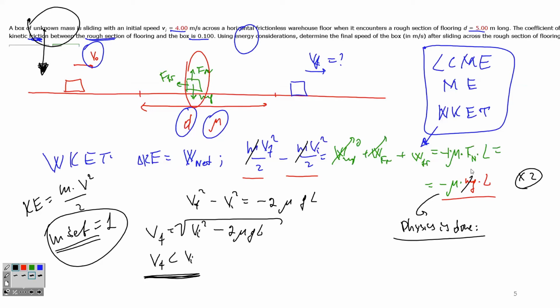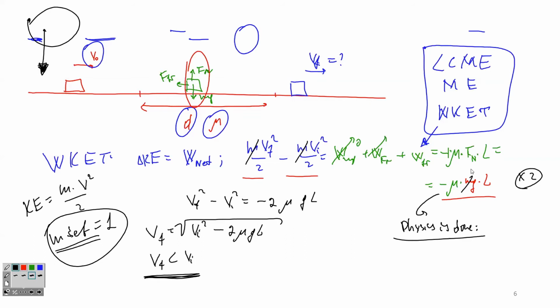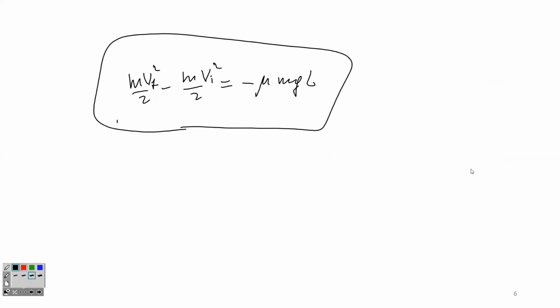My equation was mv squared over 2 minus mv initial squared over 2 is equal to negative mu mgl. This was my equation I wanted to solve.